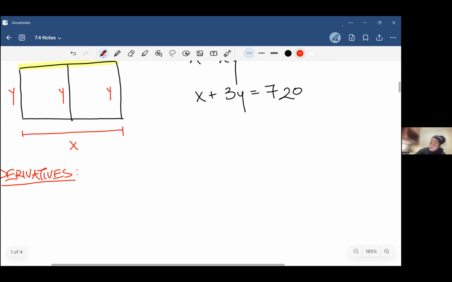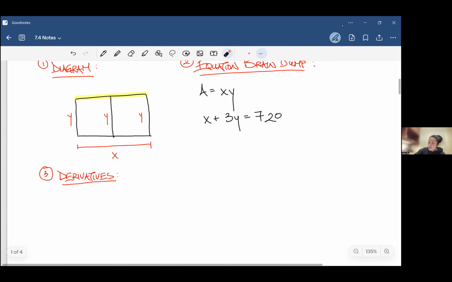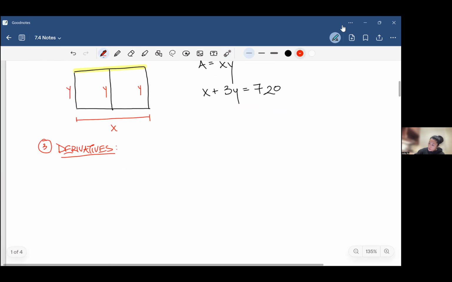All right, so before I get to the derivatives, I'm going to take this equation, A equals yx, and turn it into an equation that only has one letter. And the way I'm going to do that is I'm going to use the second equation we came up with to help us substitute, okay?